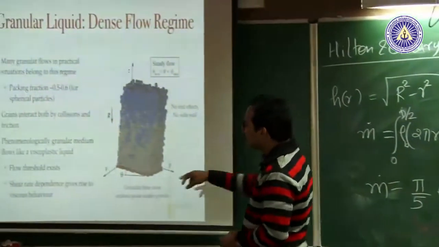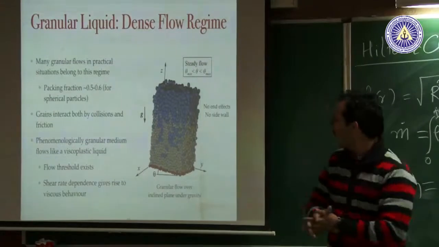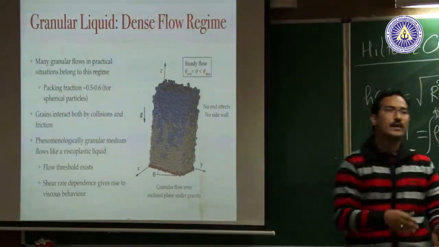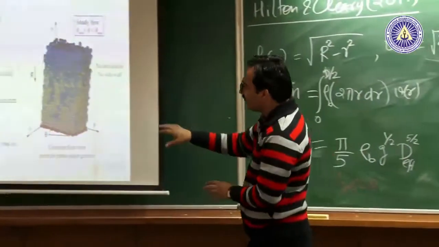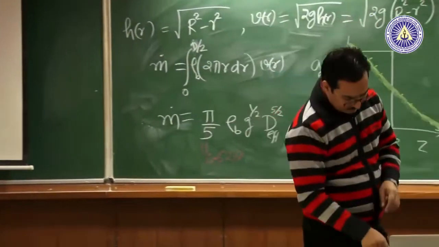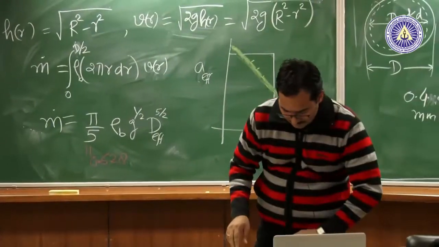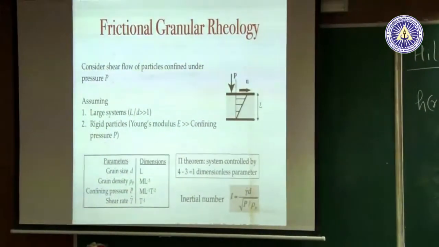That suggests that a flow threshold exists. Below that flow threshold the flow does not occur, and once it does, you get a shear rate dependence, which is like a classical viscous behavior. So what people have attempted is what was initially termed the frictional granular rheology.